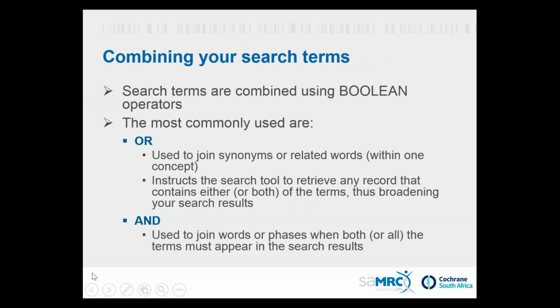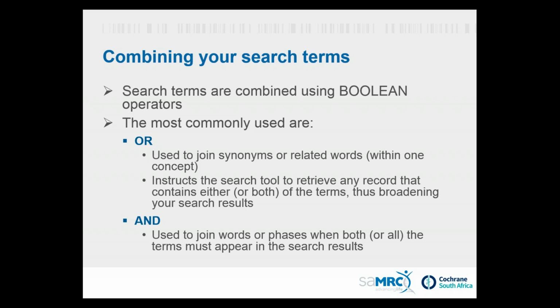Okay. So now that we've got our search terms, the next step is how do we actually combine those terms? And we combine them by using Boolean operators. The most commonly used ones are OR, which we normally use to combine synonyms or words within one concept.